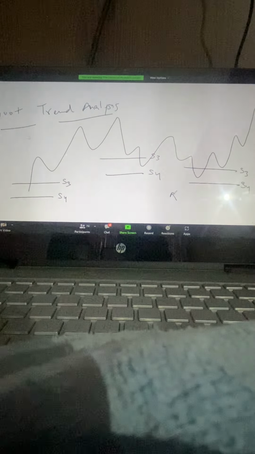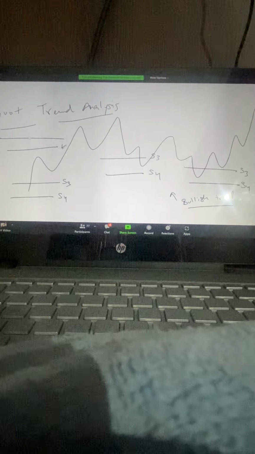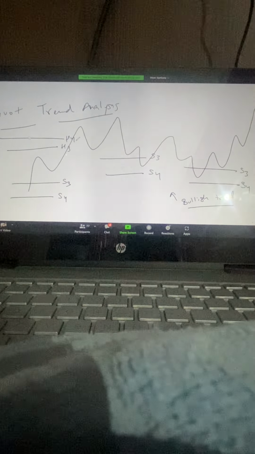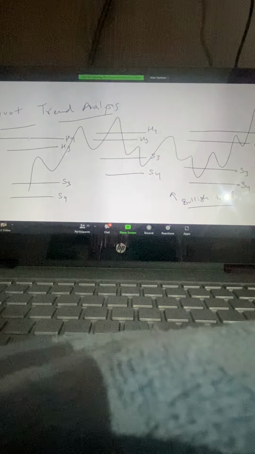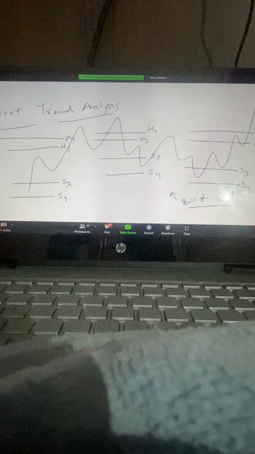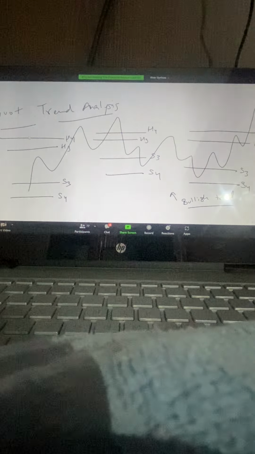This is a bullish trend. Okay. See, what is the meaning of this entire diagram that I've drawn? It's very simple. I'll give you the points as well. You can note them down. Okay, but first just hear me out what I'm trying to say.